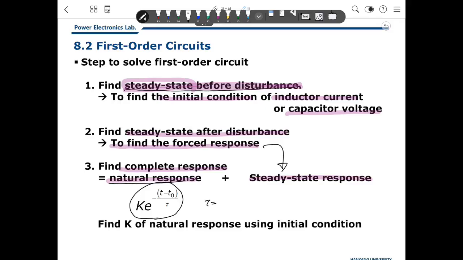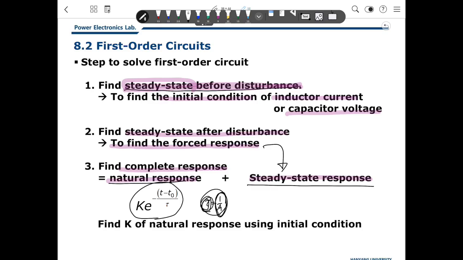Here we need to know tau is 1 over a, so a is derived from the electric circuit. Then we know tau, because tau is a parameter based on the inductor, capacitor or resistor in the circuit, and that will be written based on KCL and KVL.